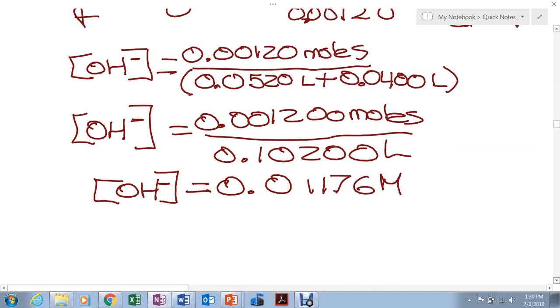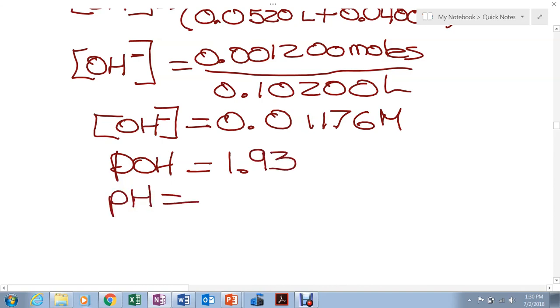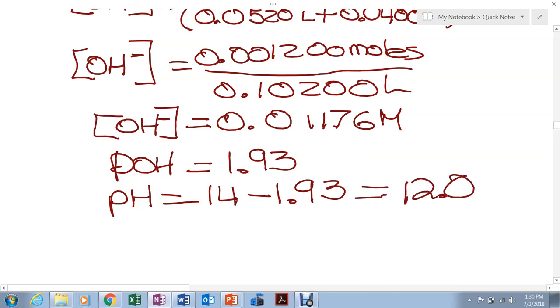So the pOH would be equal to 1.93, and the pH would be 14 minus 1.93. So now you're getting into a basic solution, 12.07. And as NaOH is a strong base, you get up a lot to a high pH.